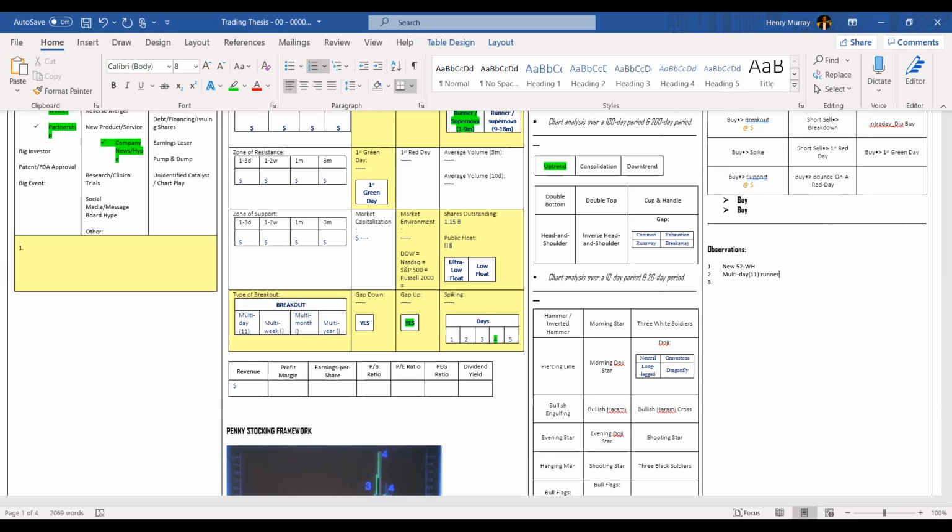Because once you have created this trading plan, you might not be able to review it while you are trading.